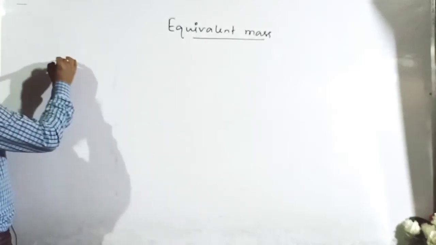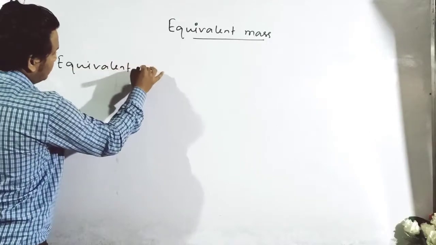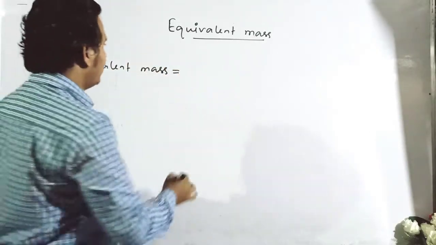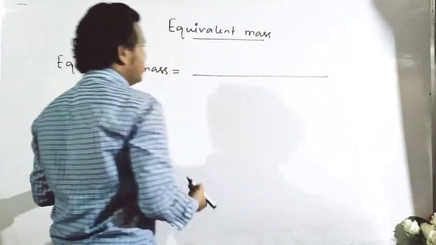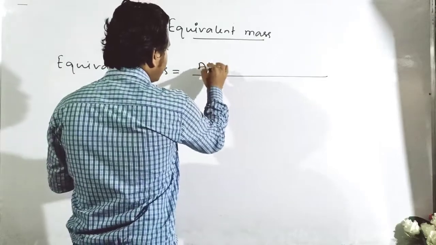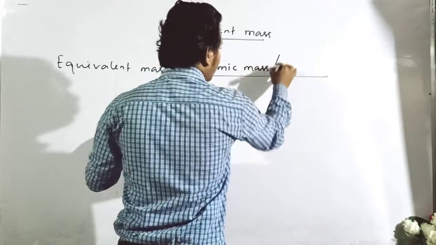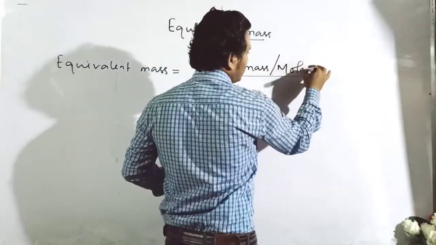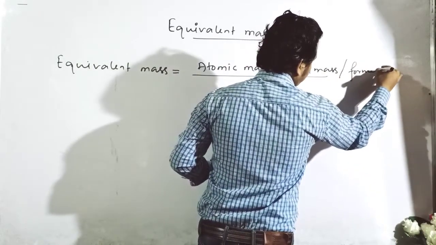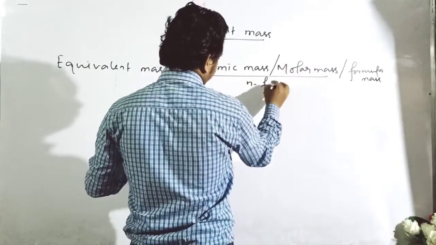Equivalent mass can be found with the help of a formula. It is the ratio of atomic mass, molar mass, or formula mass divided by n factor.